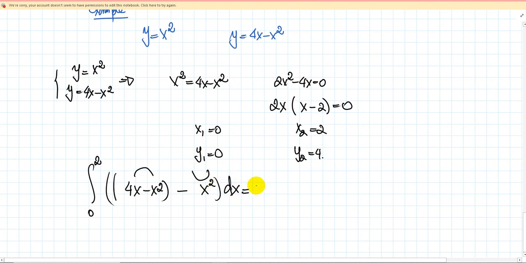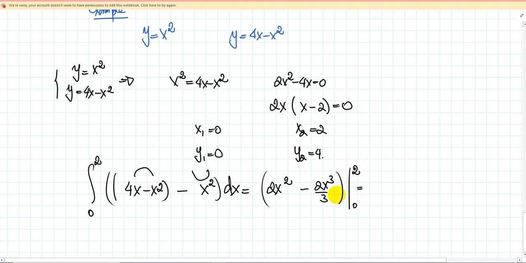And this is equal to, what is the antiderivative of 4x? It is 2x squared, right? Because if you take the derivative of 2x squared, it gives you 4x, right? And what is the antiderivative of minus 2x squared? It is minus 2x cubed over 3, right? So we need to put the values from 0 to 2.